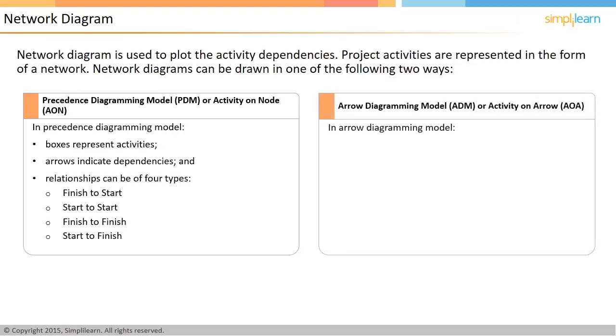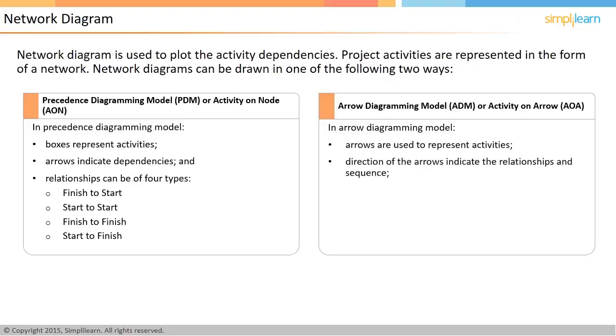In Arrow Diagramming Model, ADM, or Activity on Arrow, AOA, the arrows represent activities. The relationships and sequences can be inferred from the direction of the arrows and linkages between the activities. In such types of network, only finish-to-start relationships can be shown.